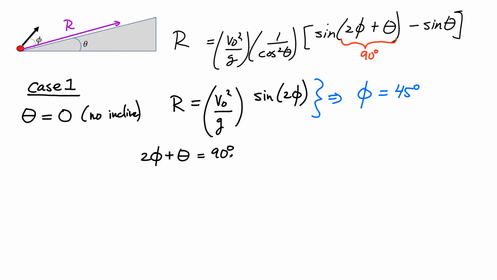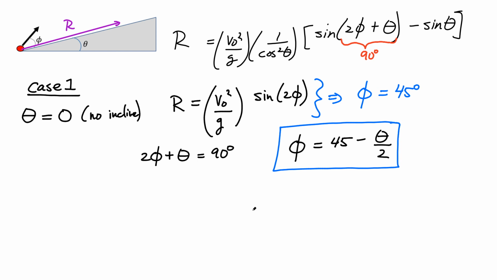That means our angle phi should be equal to, bringing theta to the other side and dividing through by 2, 45 minus theta divided by 2. So this here is really what the maximum angle should be to give us the maximum range. Let's box that and let's look at a couple other cases.